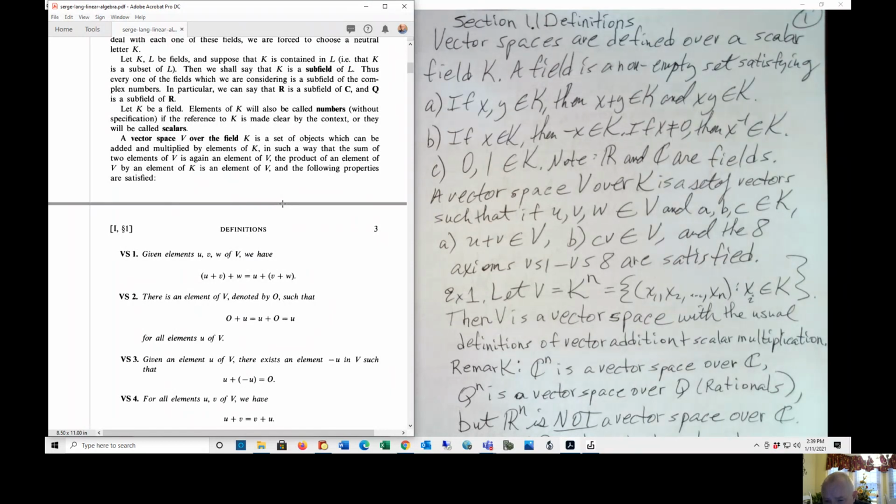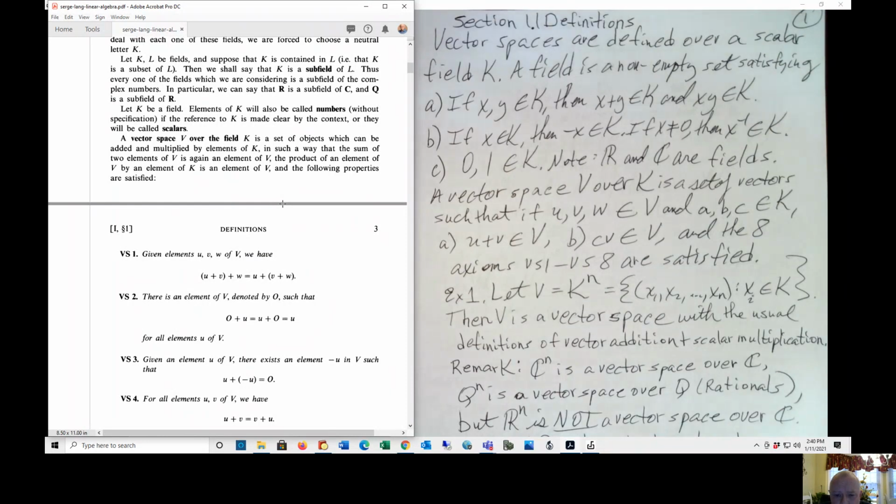If we have three vectors, u, v, w, in V, and a, b, and c are scalars or numbers, then first, if u and v are in V, then the sum u plus v is an element of V, and scalar multiples c times v is in V. Okay? So we say that a vector space is closed under vector addition and scalar multiplication.